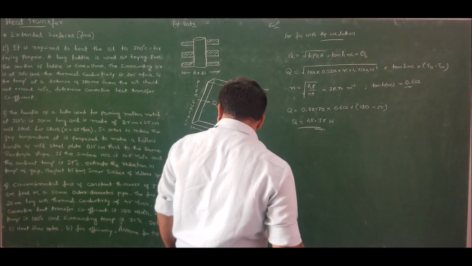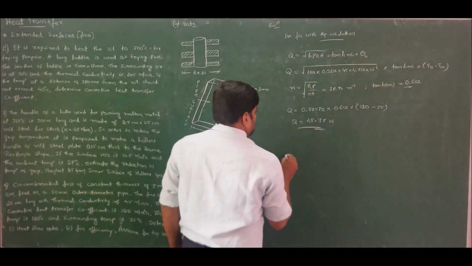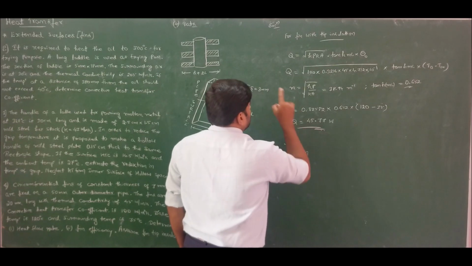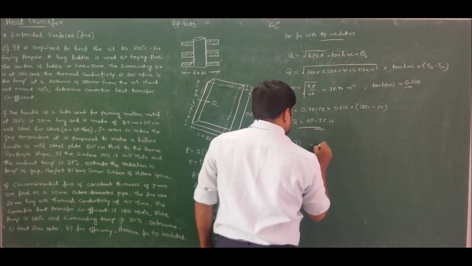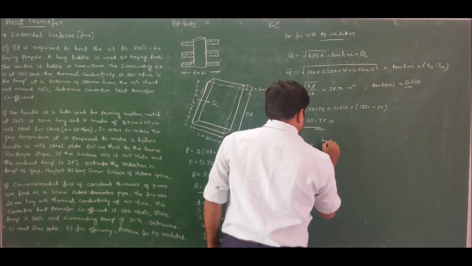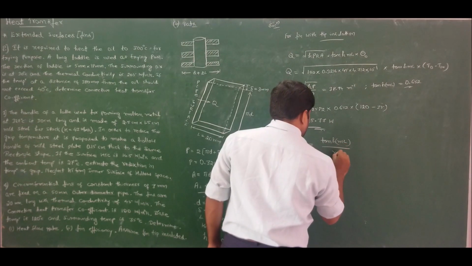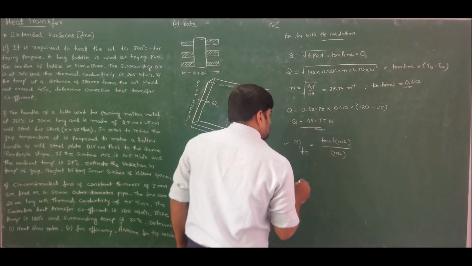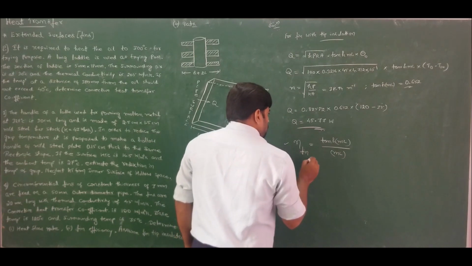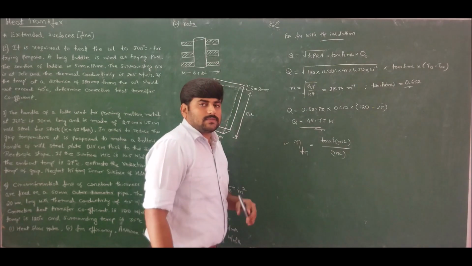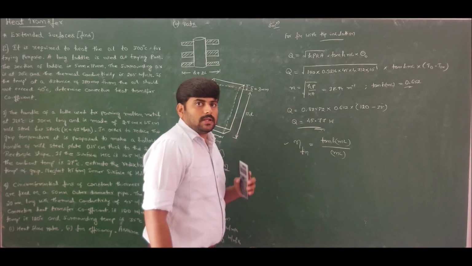Now, we want to calculate fin efficiency. You know that fin efficiency for a short fin with tip insulation is given by tanh(ml) by ml. If you have forgotten, you can refer to page number 50 of the Heat Transfer Data Handbook written by C.P. Kothandaraman, 8th edition.